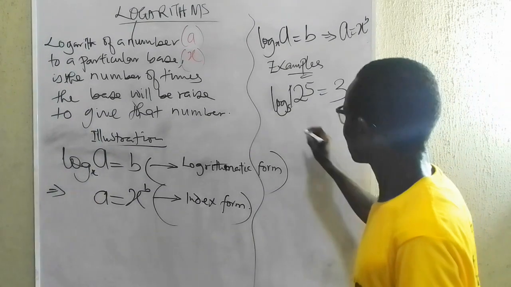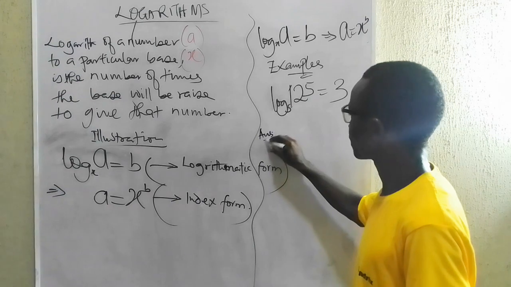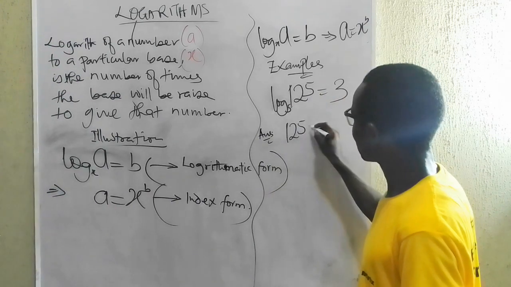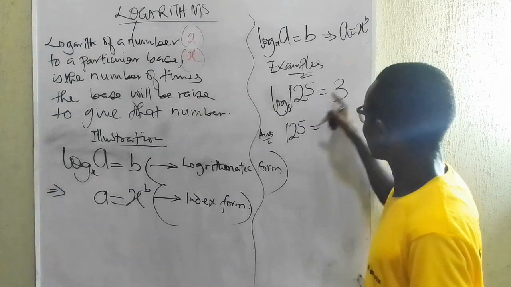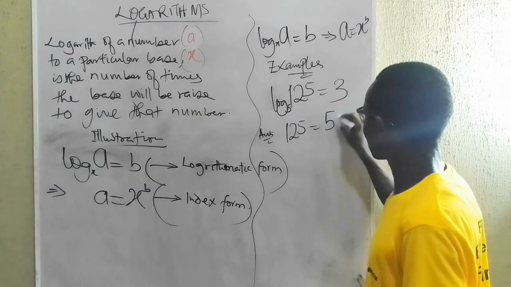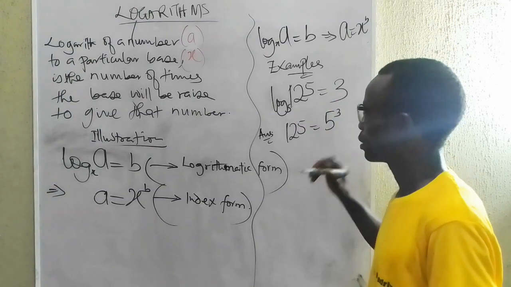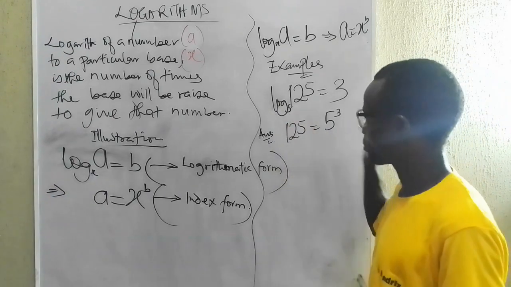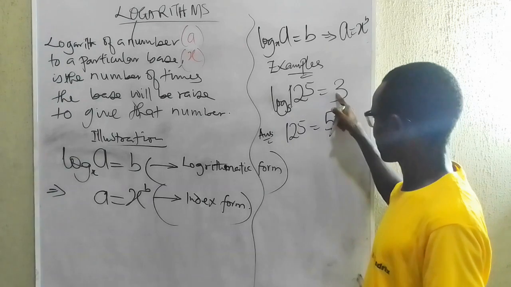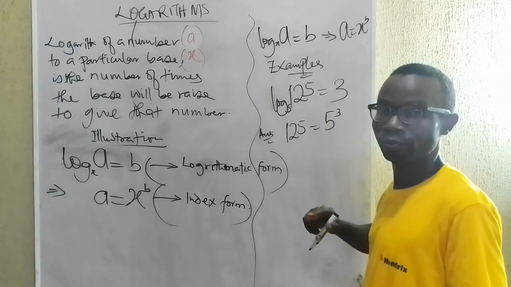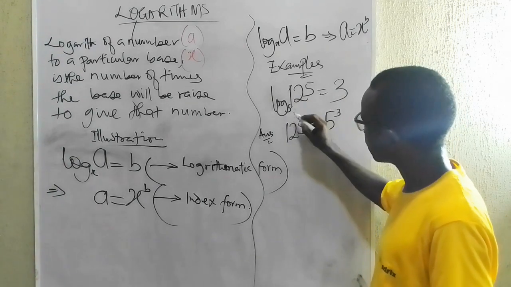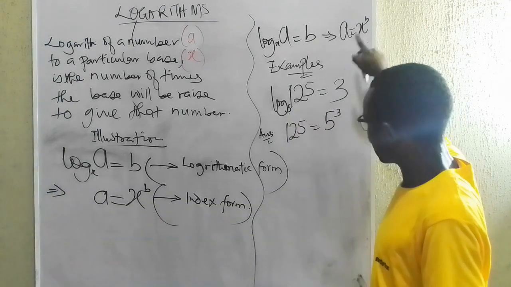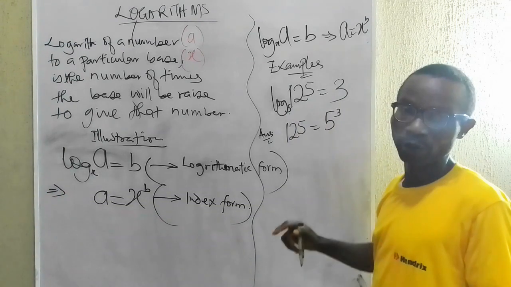What that means is this: the answer is the power, and 125 is equal to the base raised to the power of this answer. Simple. The log of a number to a particular base is the number of times you will raise this base to give the same number.